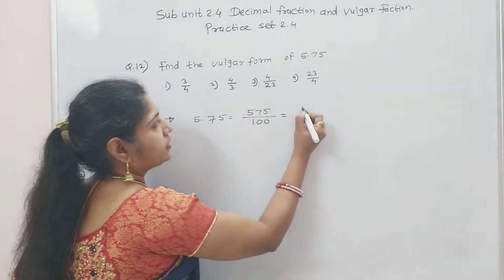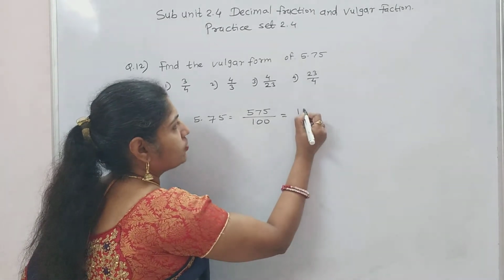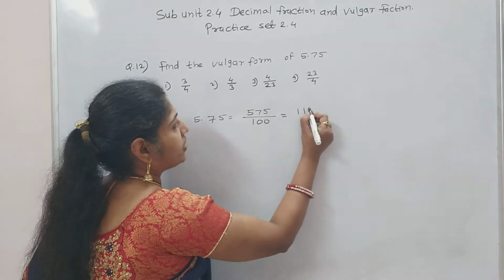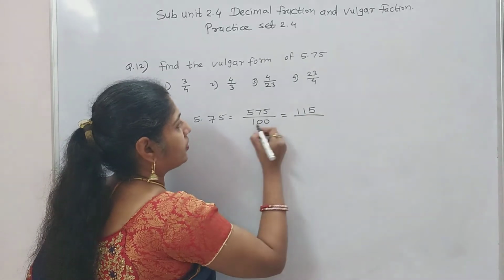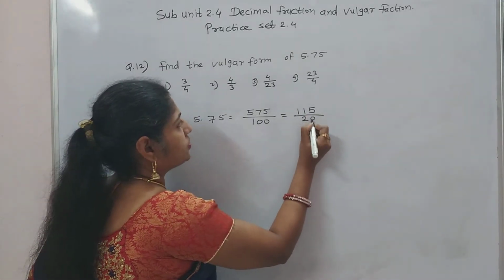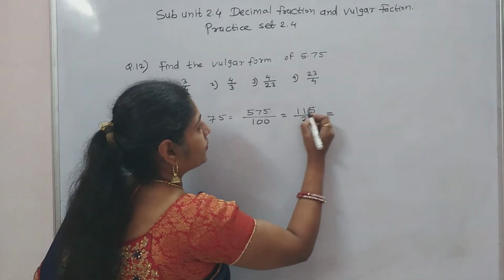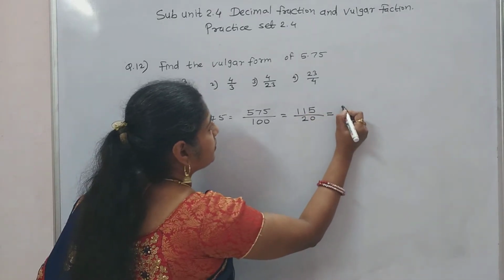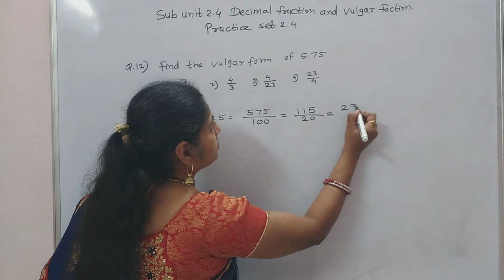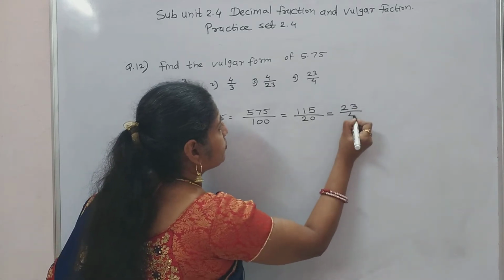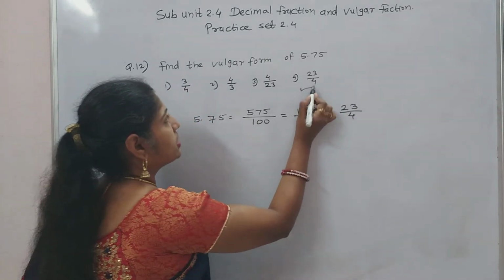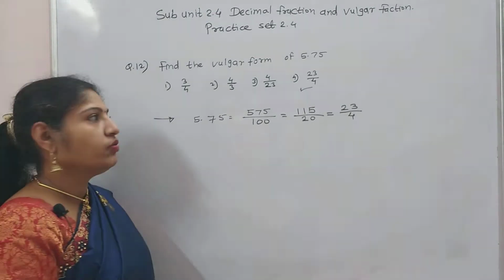Divided by 5, 5 ones are 5, 5 5s are 25 upon 5 2s are 10 and 0. Again it is divisible by 5, 5 2s are 10, 5 3s are 15 and 5 4s are 20. So our answer is 23 upon 4.